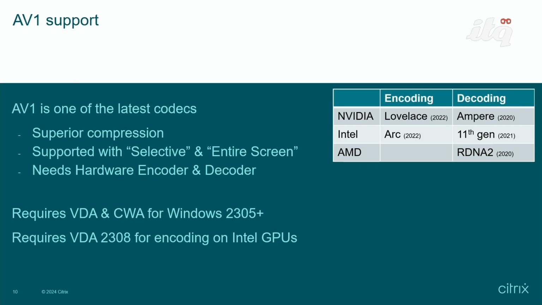It has superior compression compared to the earlier codecs because it was created with high resolution screens in mind. It's made to compress high resolution data much better than the previous ones, but that comes at a cost, and that cost needs to be filled by hardware. So AV1 is really a codec where you need hardware encoding and decoding to get real-time performance.